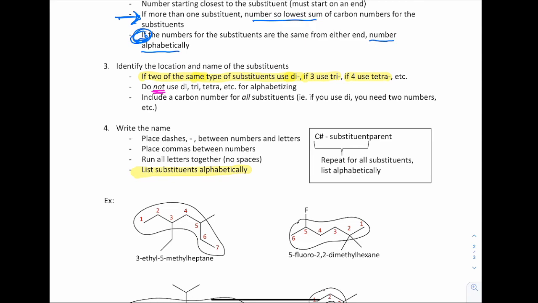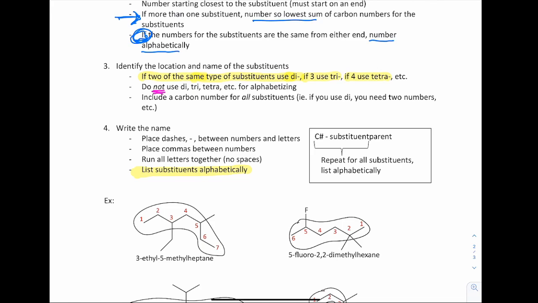When we get to ethers, we're actually going to name them not using IUPAC nomenclature. We're going to name it both IUPAC and not IUPAC, but for the non-IUPAC, you can have a space. And if you were naming carboxylic acids and esters, you can have a space. So if I was doing a 2-carbon carboxylic acid, it's ethanoic, eth is 2, so ethanoic acid, and you can have a space before the word acid.